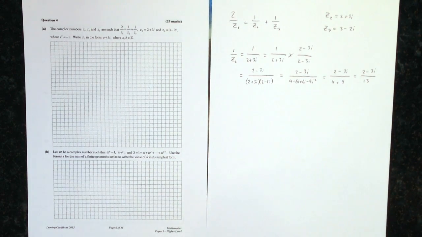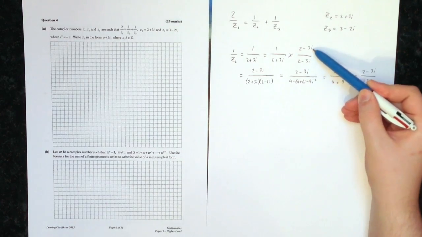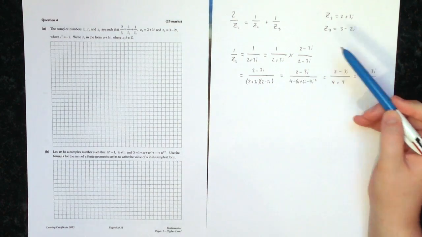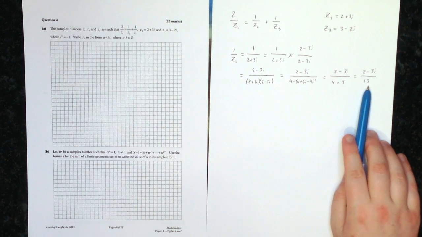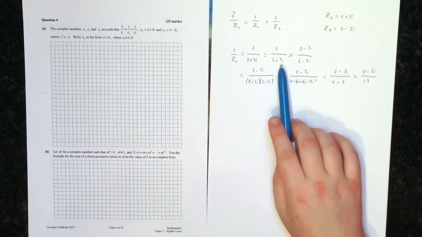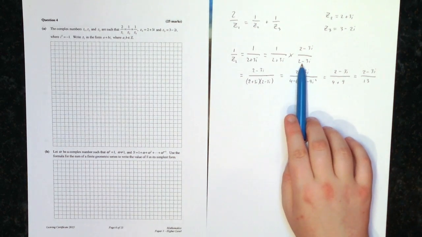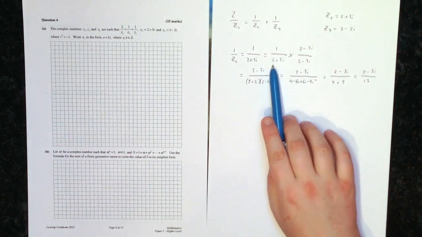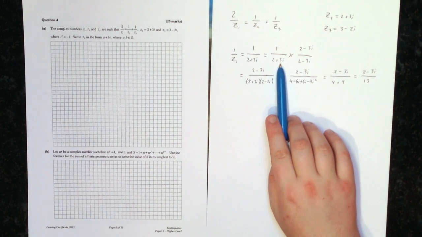Now the reason that we multiplied both the top and bottom of this fraction by the conjugate of the complex number was so that we would end up with a real number on the bottom of the fraction. Whenever we multiply a complex number by its conjugate, we're going to get the real part squared plus the imaginary part squared.